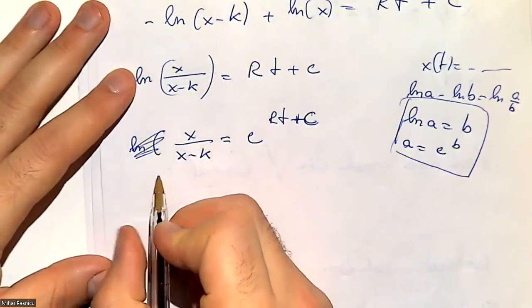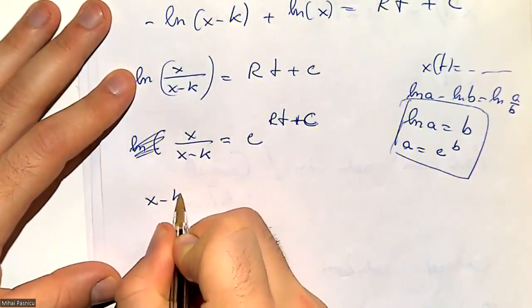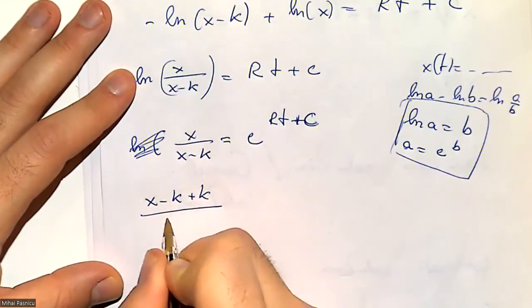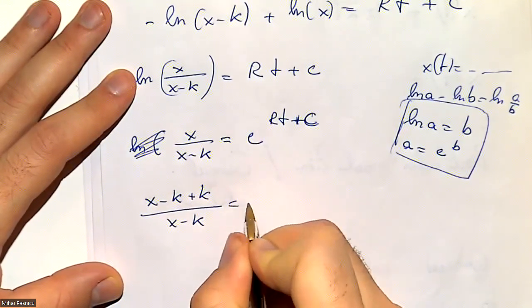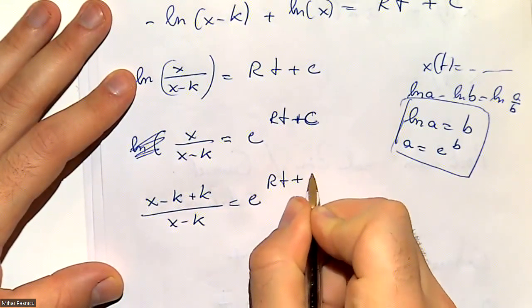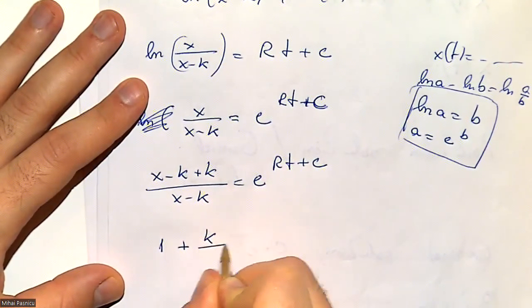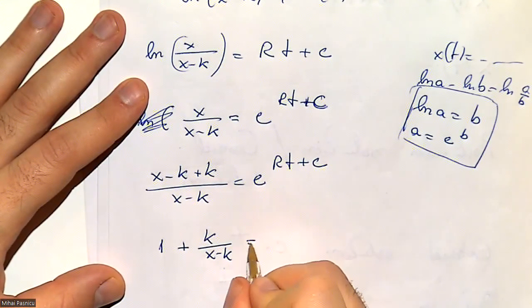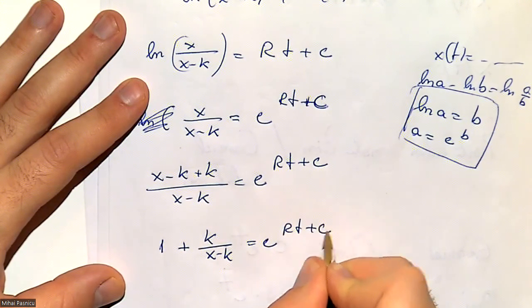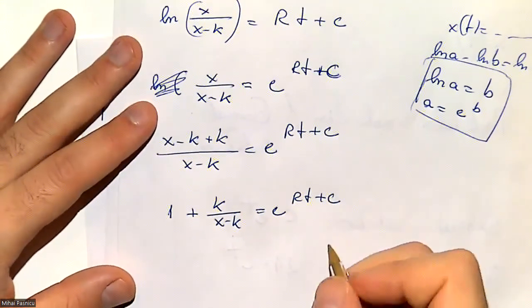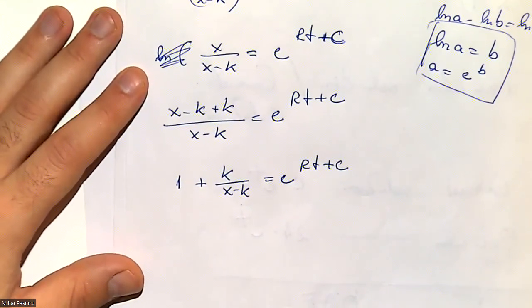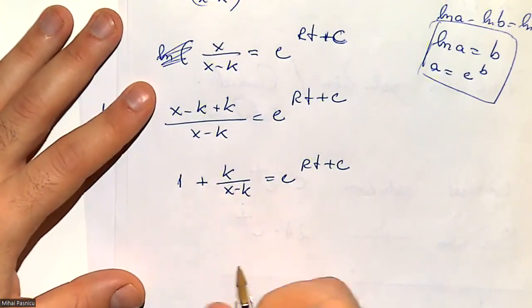Okay, and now for me to get x out of here, x minus k plus k, I just simplify this fraction because that's all that I can do. And I get 1 plus k over (x minus k) equals e to the power of RT plus constant. And again, it might seem more complicated than this, but it's just dragging it out basically.